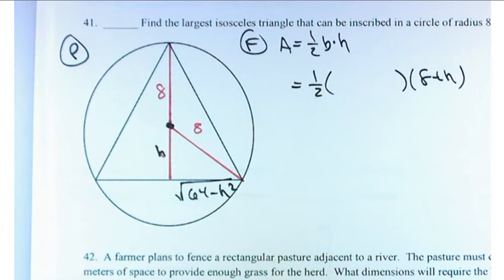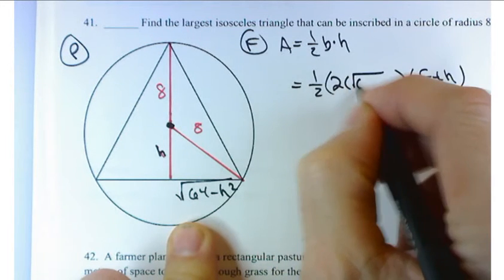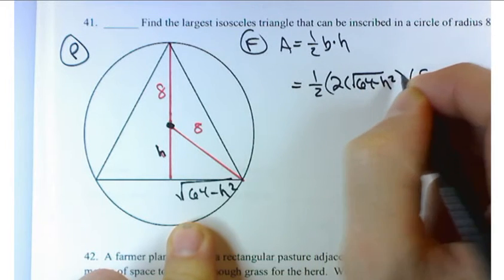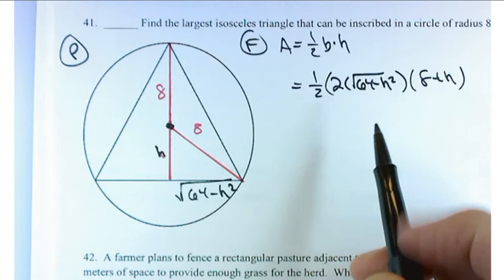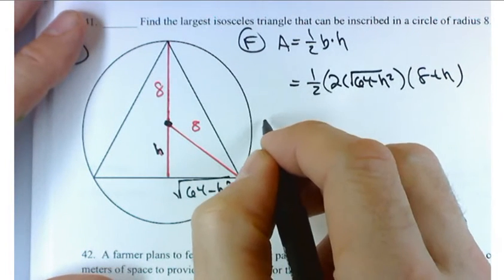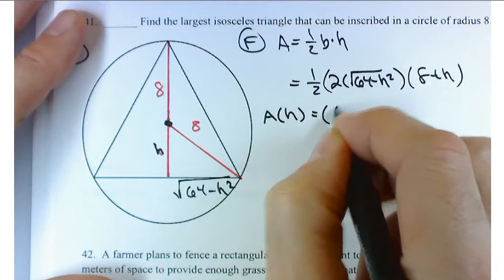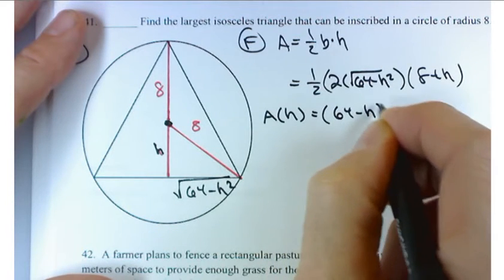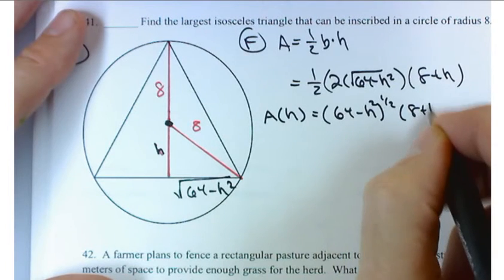How about the base? Perfect. 2 times square root of 64 minus h squared. Now the 2's cancel themselves out, and I can write A of h is 64 minus h squared to the 1/2 times 8 plus h.